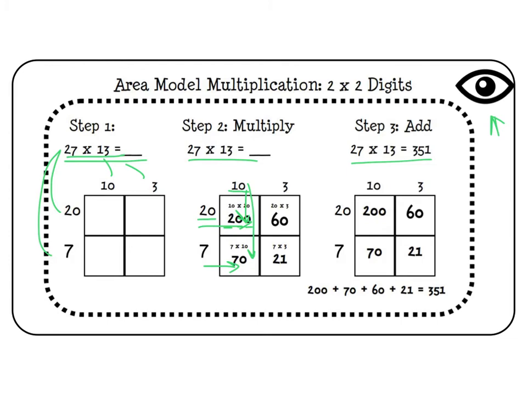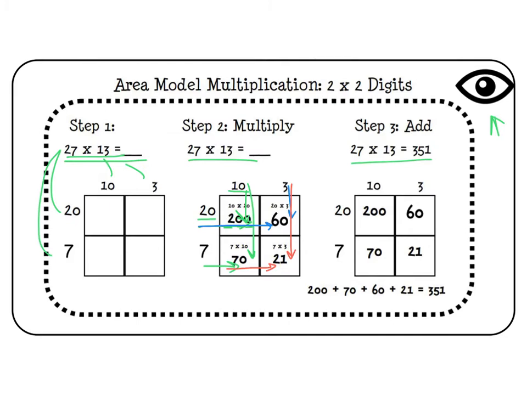So 7 times 10 is 70. Now we're going to take this 20 and multiply it over here in this box. 20 times 3 is 60. And lastly, we're going to take this 7 times this 3. 7 times 3 is 21.